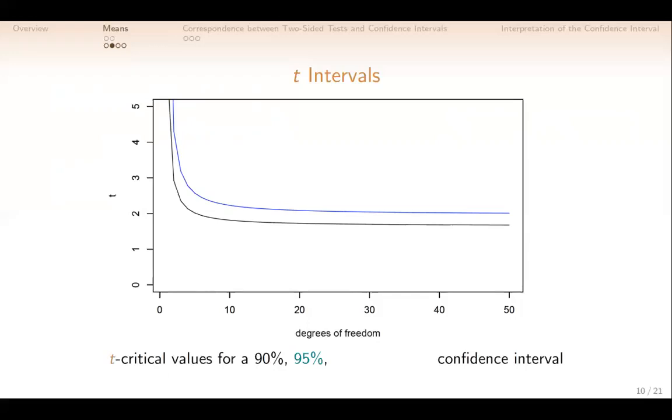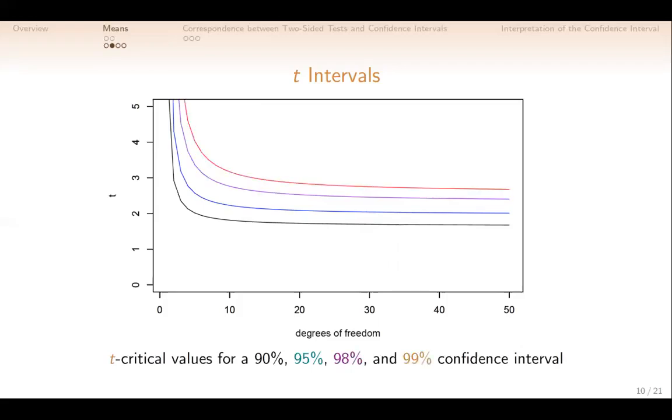One way I think about it is if you had a basketball hoop and you could shoot free throws that went through the hoop with probability 0.9, then there's 2 ways to improve your chance of getting it through the hoop to make it probability 0.95. You can practice, or you can make the hoop bigger. And so making the hoop bigger just gives you that blue line. And then you can see 98 moves up some again and 99 again. So the larger you make your confidence level, the wider you have to make your interval.